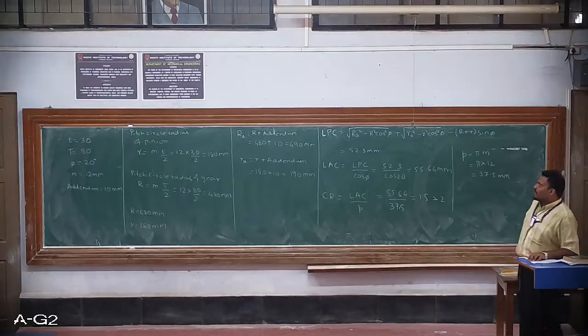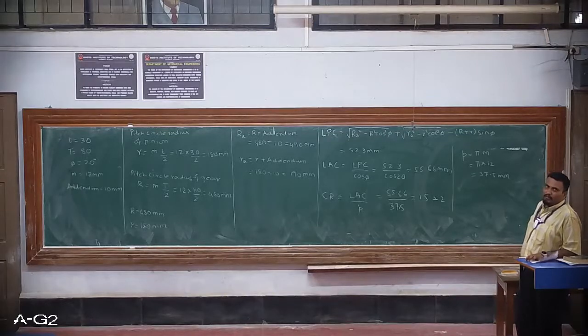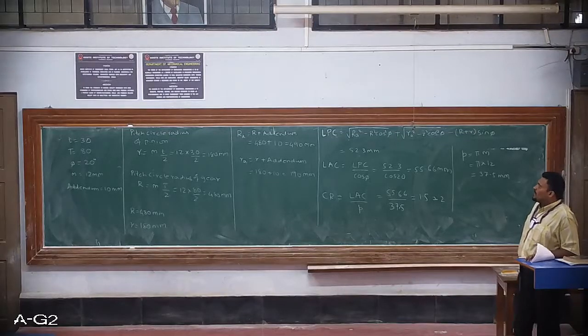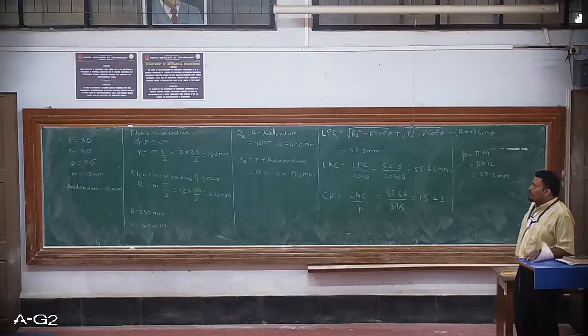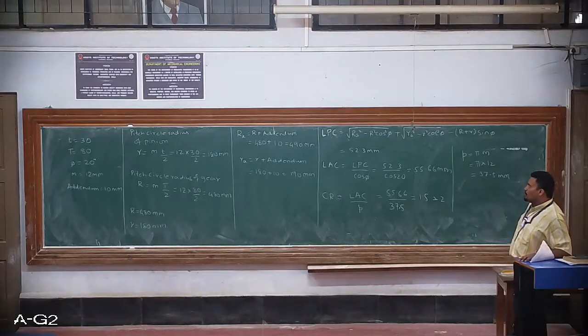First we calculate the pitch circle radius. We have the equation module into number of teeth divided by 2. For the pinion it is small r equals m into small t by 2. Upon substitution we get 180 mm. For the gear it is capital R equals m into capital T by 2, which comes to 480 mm.